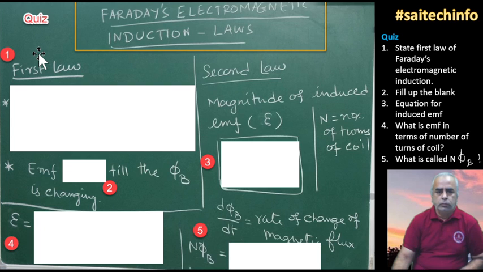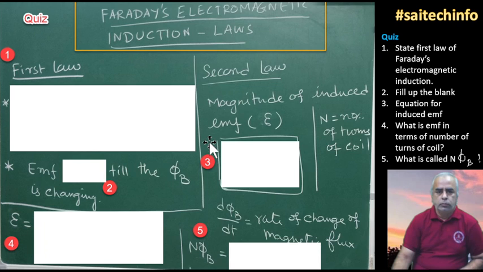What is the first law of Faraday's electromagnetic induction? So you have to exactly reproduce these terms, that is the sentence. Question number 2. Fill up the blank. EMF dash till the phi b is changing. Question number 3.